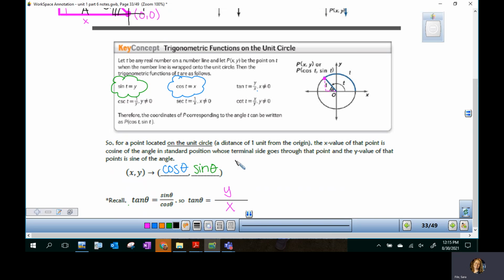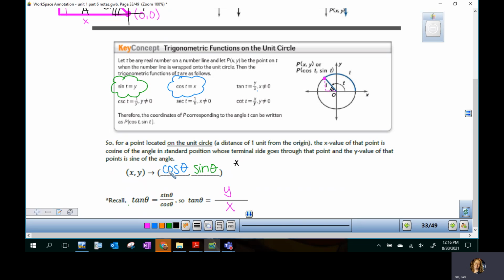A somewhat common mistake in listing the ordered pairs or coming up with the trig values of that angle is mixing up the sine and cosine. Students tend to want to put sine for the x and cosine for the y. And I think that's just because when we say SOHCAHTOA, or on the calculator, when you look at the buttons, sine is first. We say sine, cosine, and tangent.